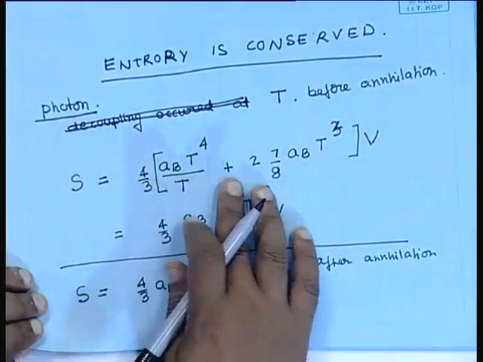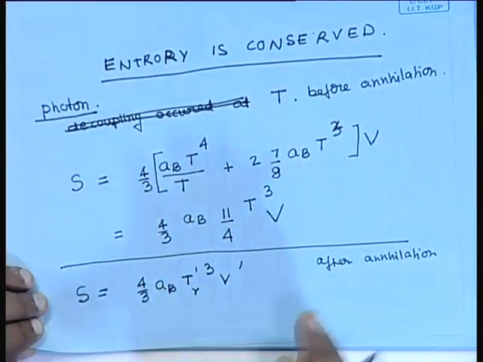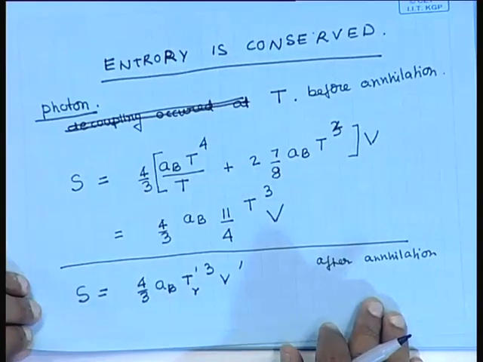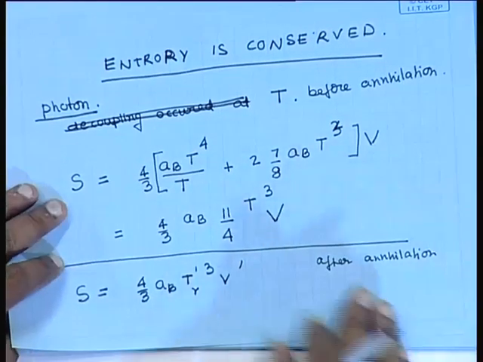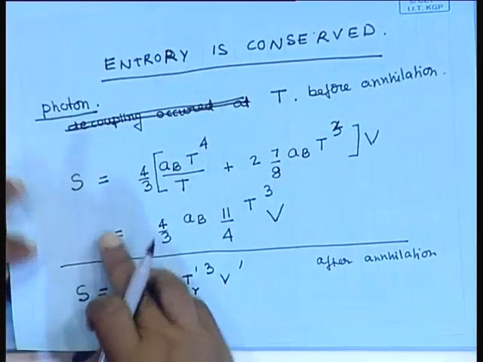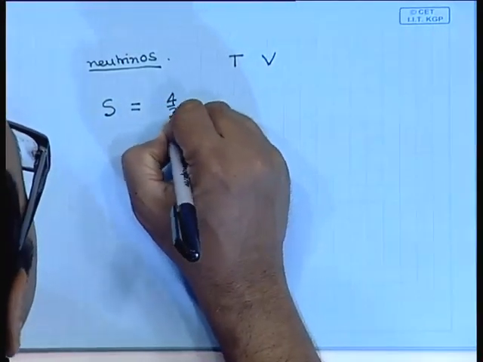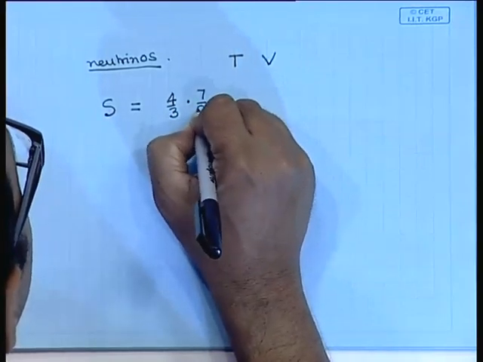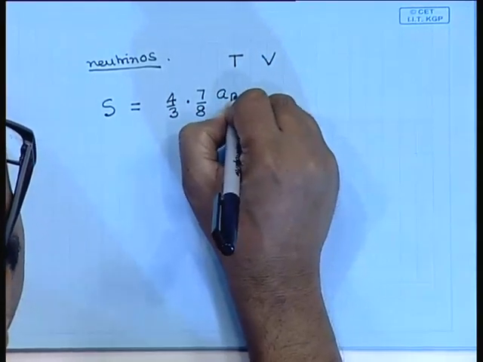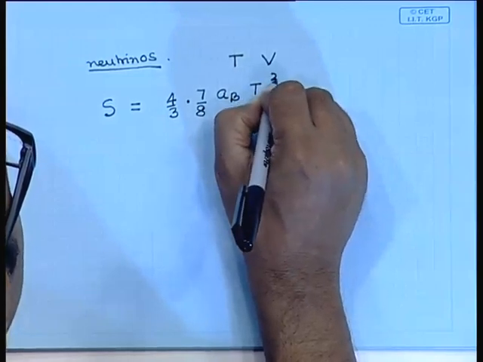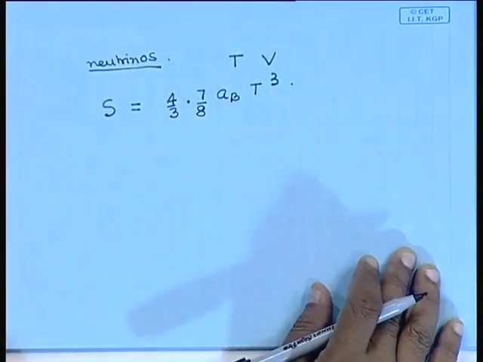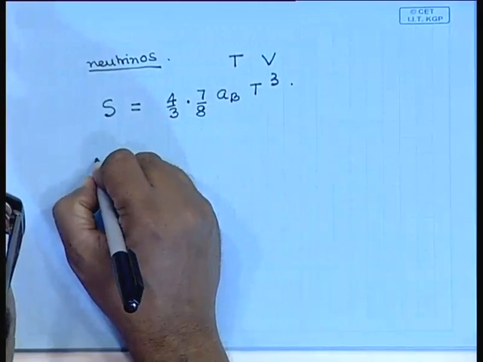Let us just take one species of neutrino. There are 3 different species, we believe: the electron neutrino, the mu neutrino, and the tau neutrino. Let us just take one of them. So for one of them, this is 4/3 into 7/8 into a B T to the power cube into V.